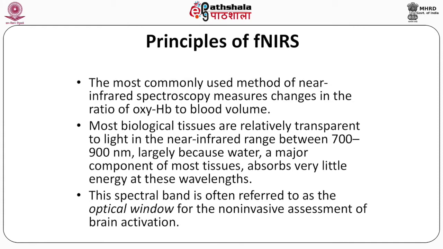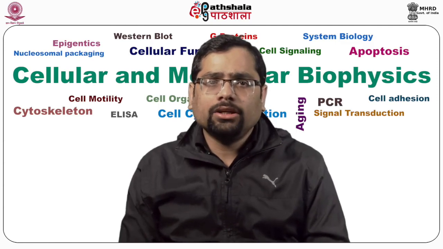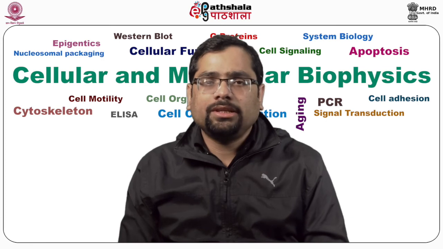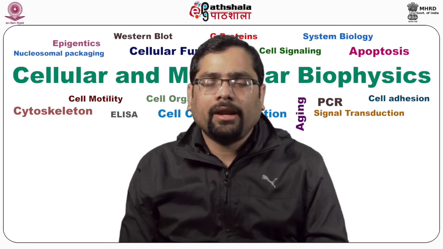Because in most of the tissues, water is the main constituent. A major component of most tissues absorbs very little energy at this wavelength. This spectral band is often referred to as the optical window. So, this 700 to 900 nanometer is called the optical window for the non-invasive assessment of brain activation.